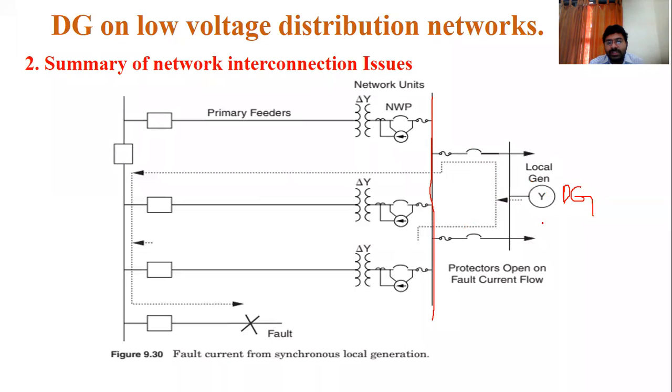Suppose this bus is open. These are the switches, these are the fuses, these are the open switches. Suppose this is open because of some relay operation. This bus switch is open.